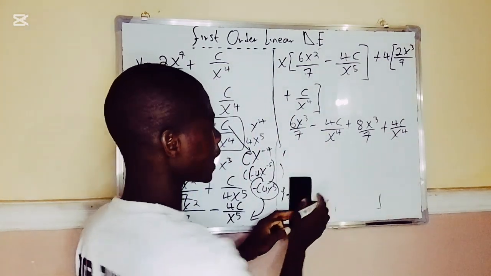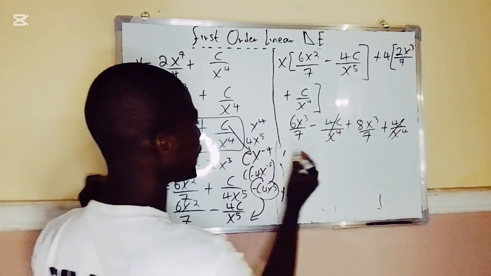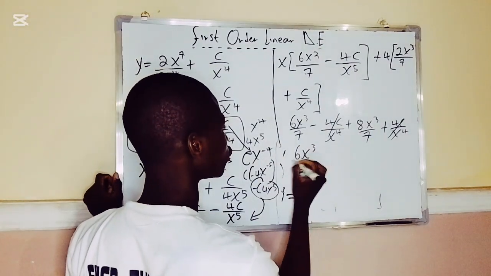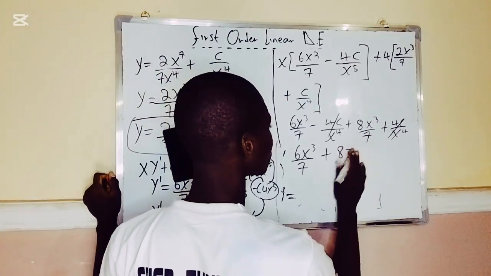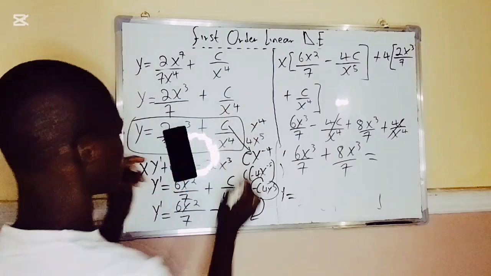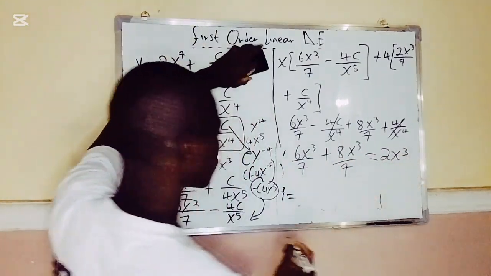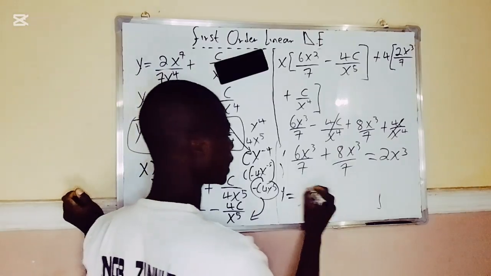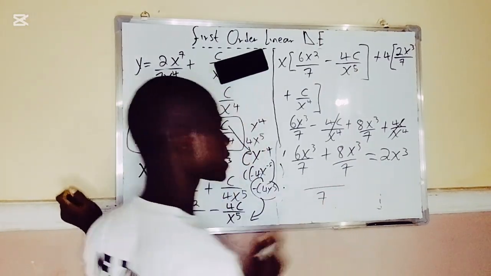So the next thing is that you have to say that this will cancel this. So at the end you have 6x cubed divided by 7 plus 8x cubed divided by 7, which must be equal to 2x cubed. So what is the LCM between these? The LCM will be equal to 7.